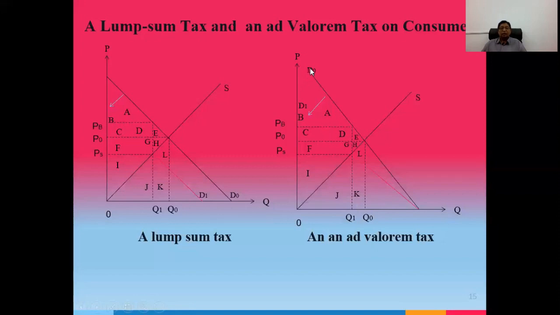Then consumer surplus is given by the area of A, B, C, D, E. Producer surplus is given by the area of I, F, G, H. Now, when the government imposes an ad valorem tax on consumers, the demand curve rotates from D0 to D1.